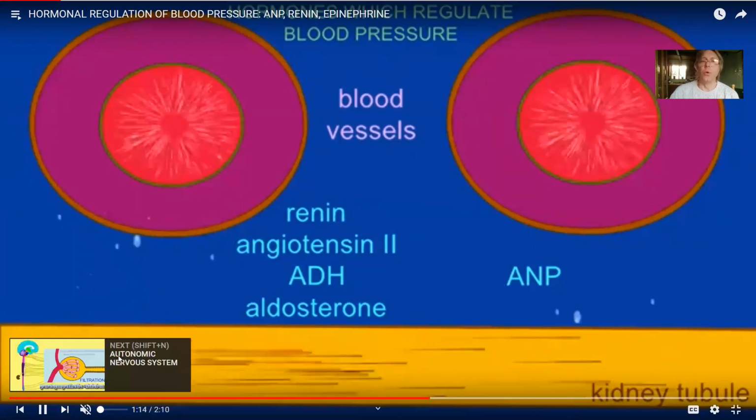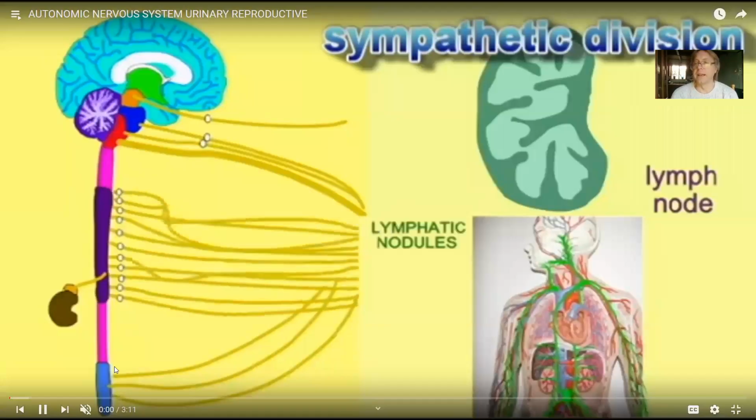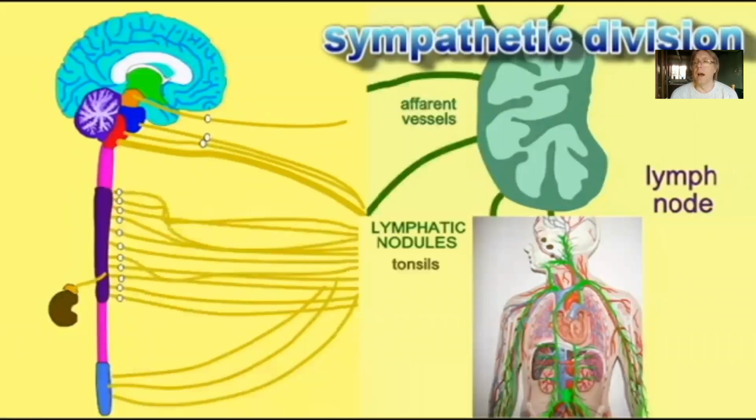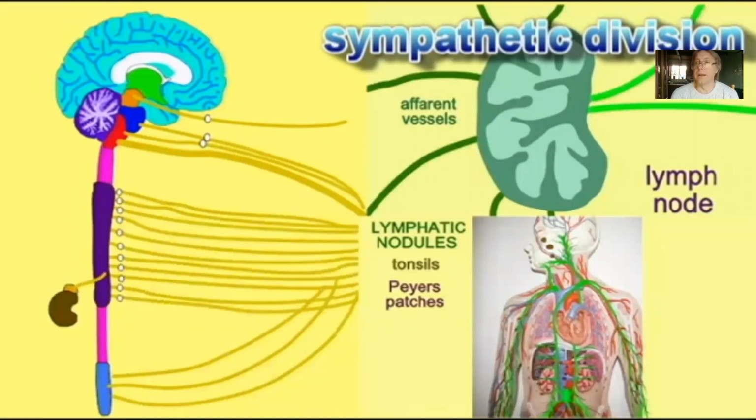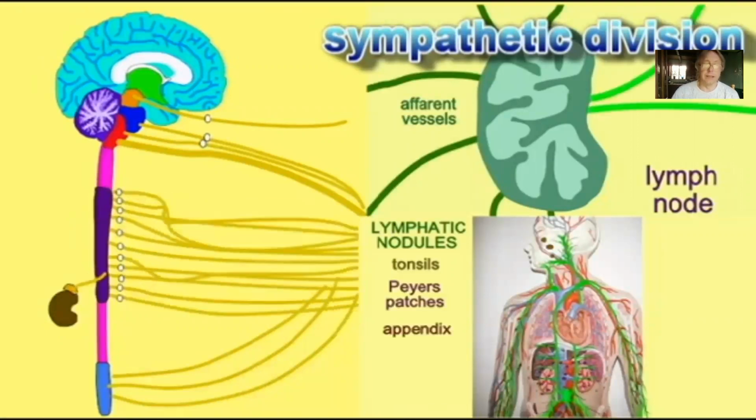In addition to autoregulation and these hormones, the autonomic nervous system also helps to regulate the amount of urine made. Under stress situations, if you're fighting for your life or running, then your fluid should be going towards your muscles, not your kidneys.